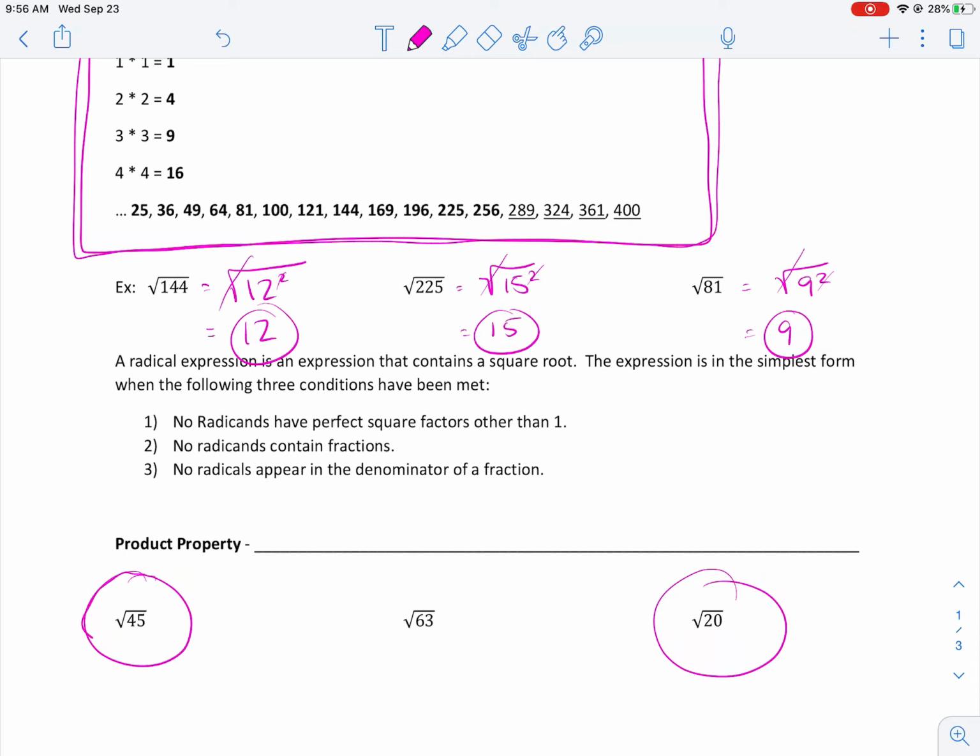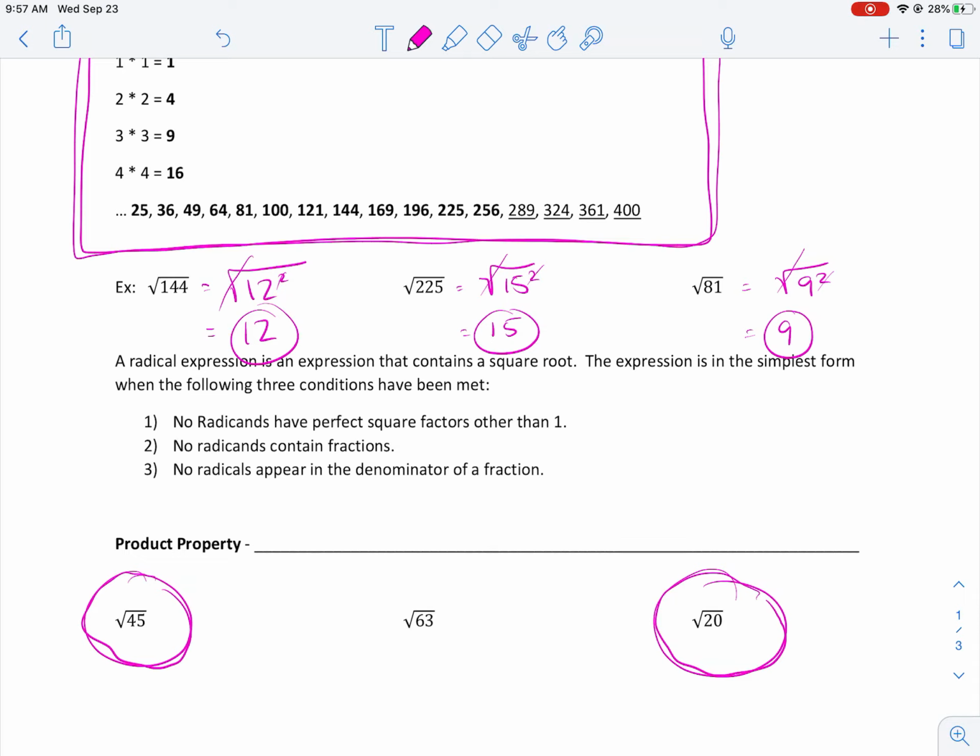So down here are some examples of some radicands. The reason why they're called that is because they're not perfect squares, so they're not going to be a nice number. Anytime you see a number underneath a radical that is not a perfect square, you know that number is going to be irrational. If you don't recall what irrational means, irrational is just a number that is some sort of decimal number that doesn't have any sort of pattern, and it continues on forever.